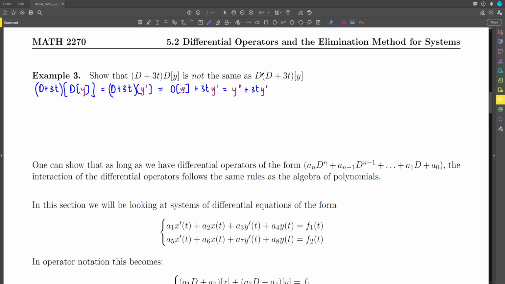Now let's see if we reverse the order there. That should not matter for multiplication, but it does matter for the differential operator.